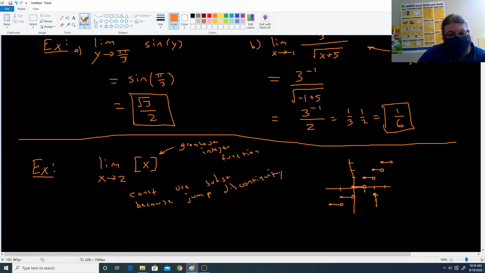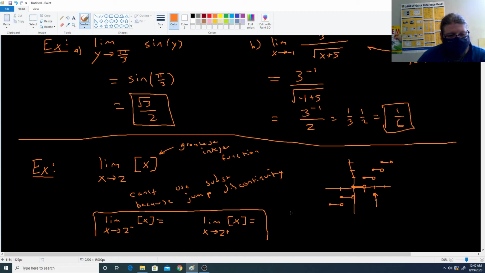So what you have to do is look at the left and right hand limits. If we want the two-sided limit to exist, we'll do it graphically in this case. We'll look at the left side limit, see what that is. We'll look at the right side limit, see what that is, and see if the two-sided limit exists, if the left and right side are equal to each other.